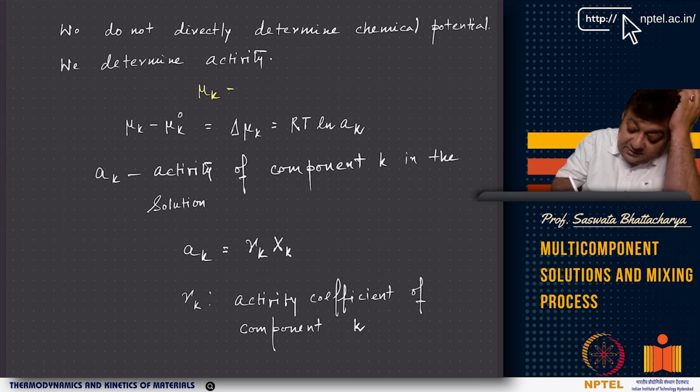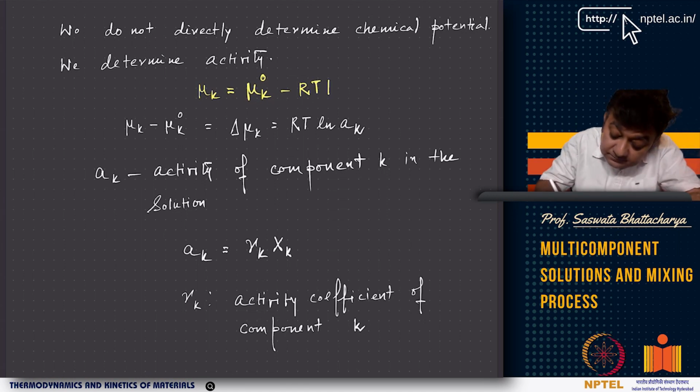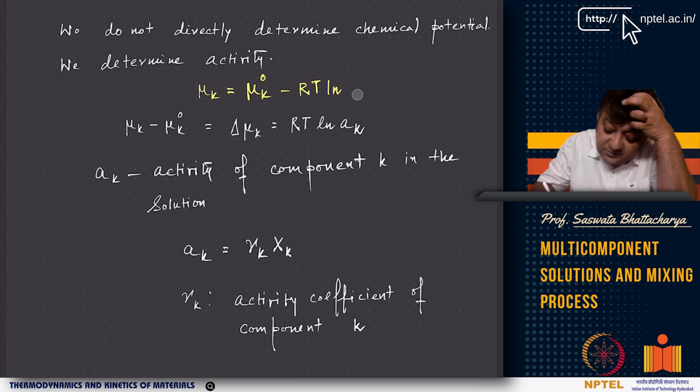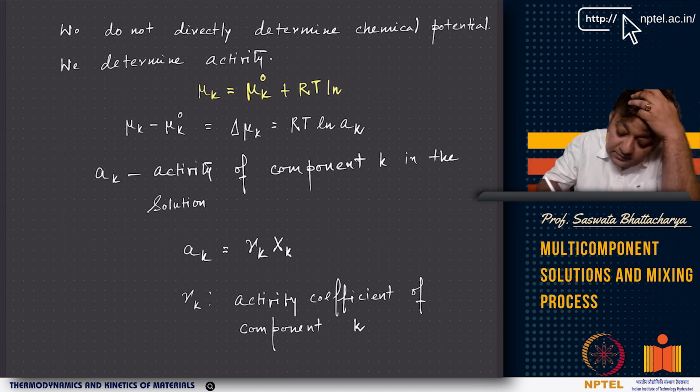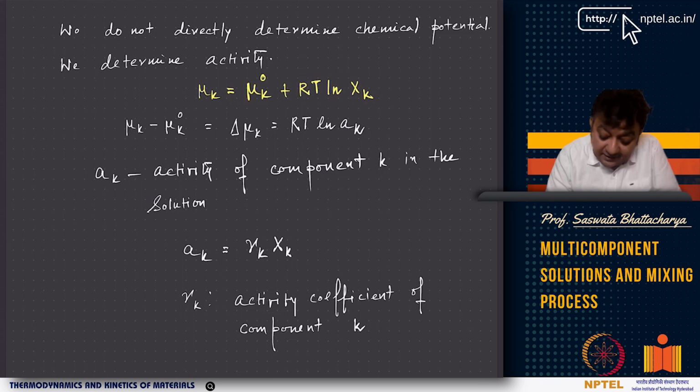It was previously written as mu K equals mu K0 plus RT ln xk, where mu K0 is the chemical potential of component K in the pure or standard form, R is the universal gas constant, and T is temperature.